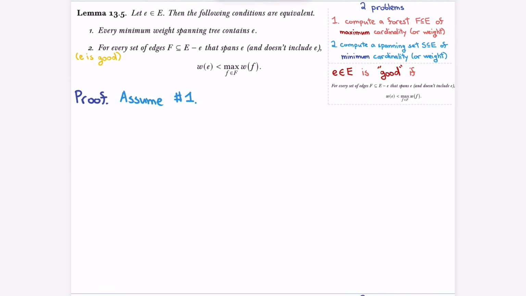Okay. So let's prove this is correct. Yeah, we have time for this. So the claim is that... So suppose it was true that every minimum weight spanning tree contains E. I want to prove that E is good.